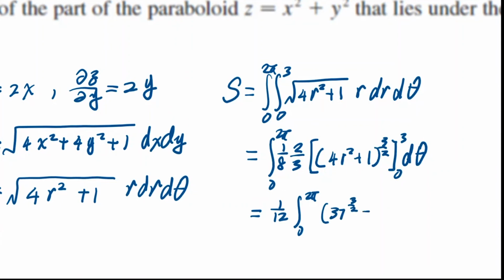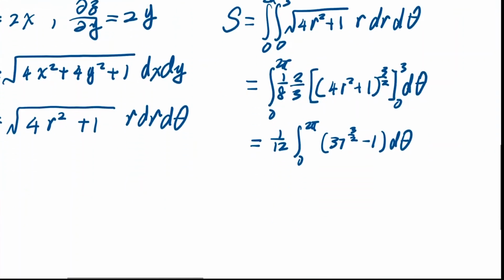If I plug in 0, I have 1. And then the d theta. If I integrate, this just gives me theta, and at 2 pi, correct? So which will cancel this. So pi over 6. Do we want to calculate it? I don't want to. I mean, it doesn't even simplify. So how about that?